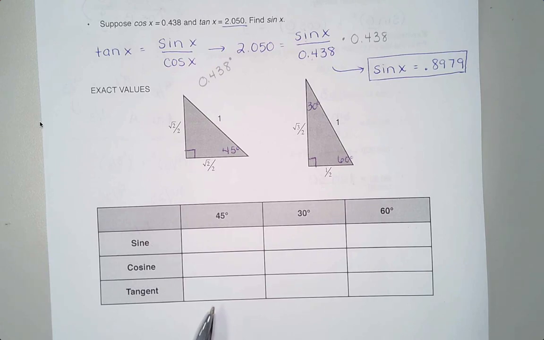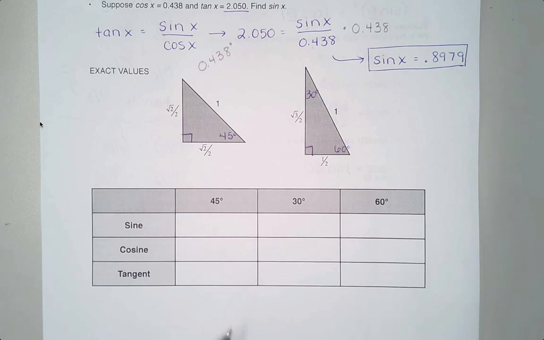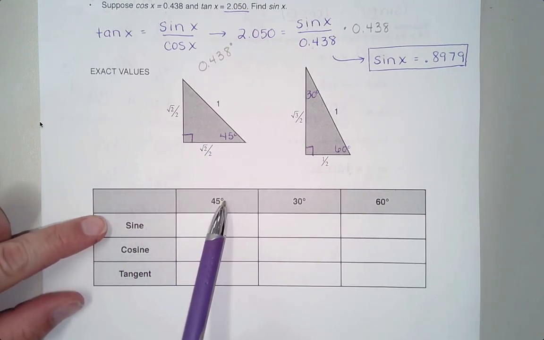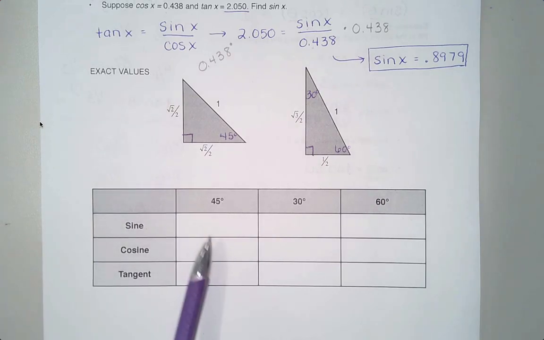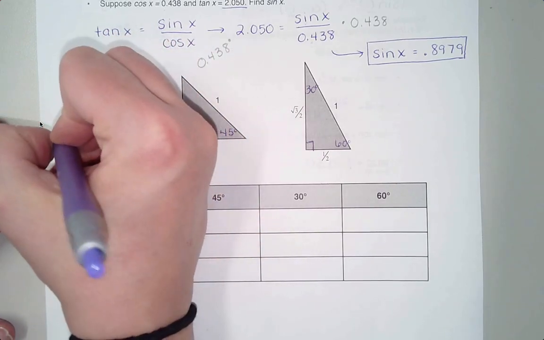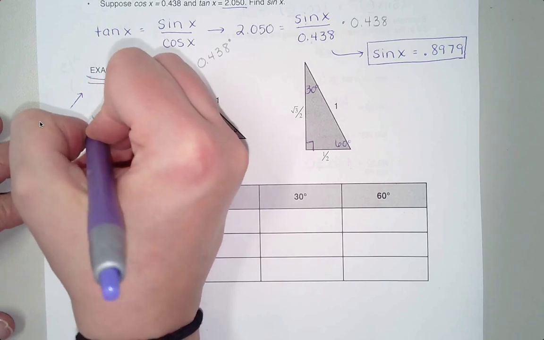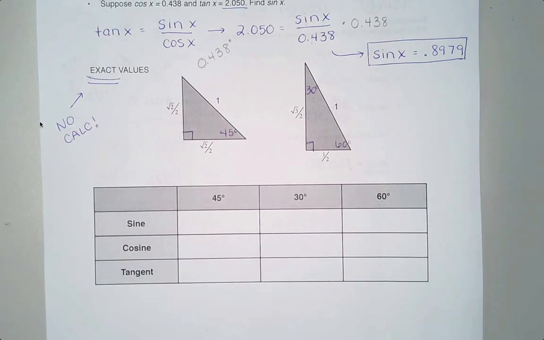So I'm going to work you through one easy one and one that's a little bit harder, and then I want to see if you can do the rest. So if I want the sine of 45, we could type that into our calculator and get a decimal, but I want exact values, and exact values mean no calculator, okay? The calculator is not going to help you here. It's not that I'm taking it away, it's that it won't do you any good.